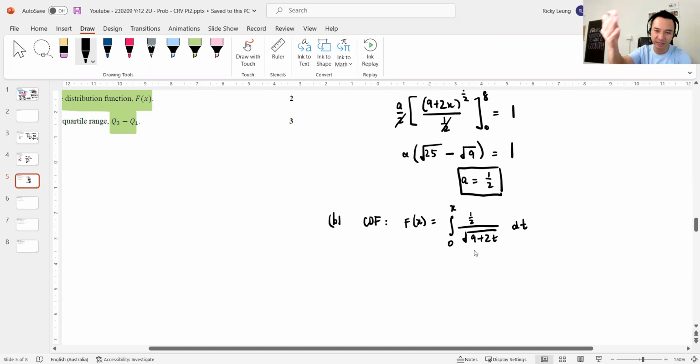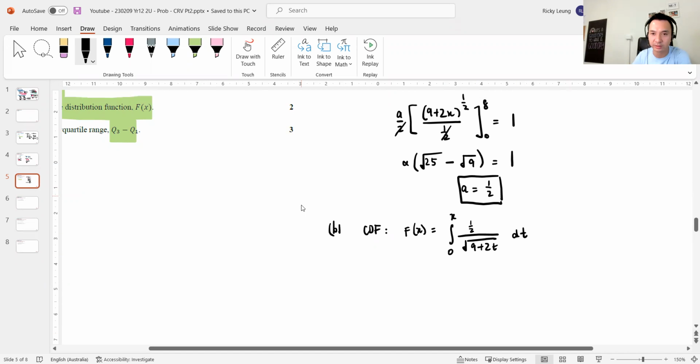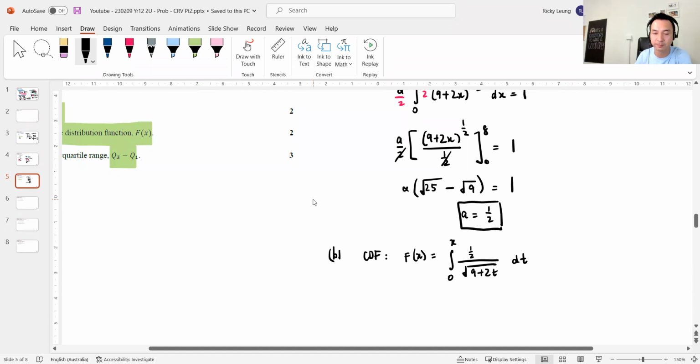So I've already integrated upstairs. Where's my integral? It'll be A times that. A is a half, so it'll be 1 on 2, 9 plus 2x to the power of a half.